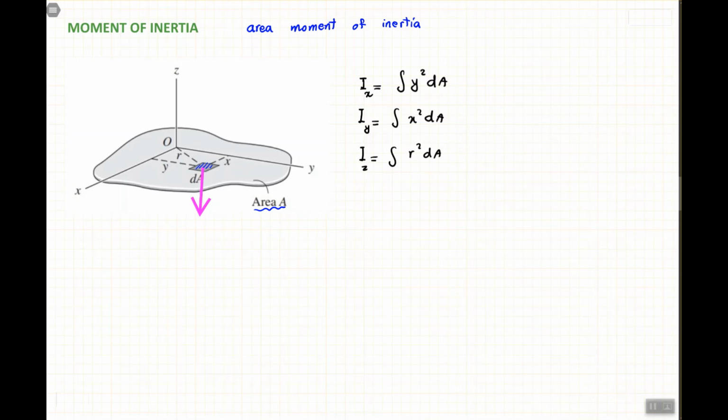But this time, instead of multiplying it by a distance, we multiply it by the distance squared. Like you see, you have distance squared, right? That's why sometimes people call this the second moment of an area.